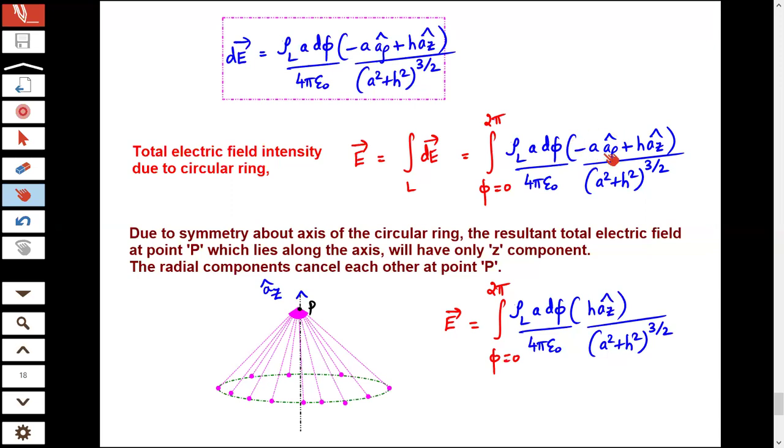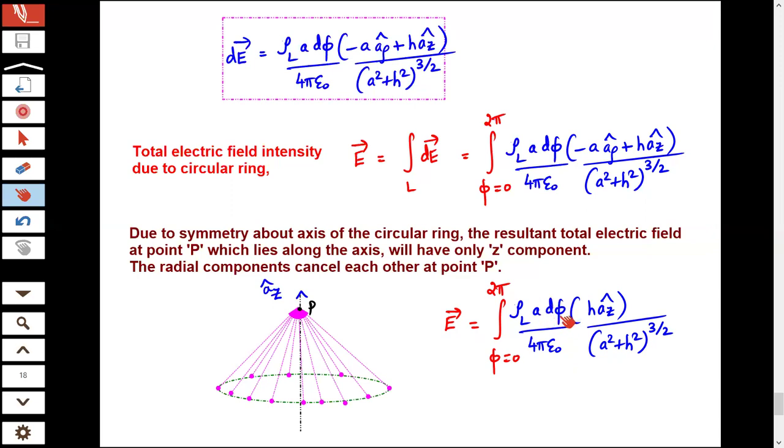So neglecting this radial component, considering only the z component, we can write the expression for electric field intensity for integration as rho L times A d phi into h az, which is the z component, divided by 4 pi epsilon into A square plus h square, the whole power 3 by 2. The variable of integration is phi.